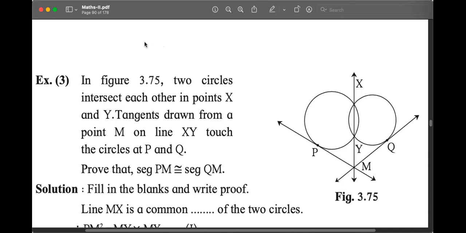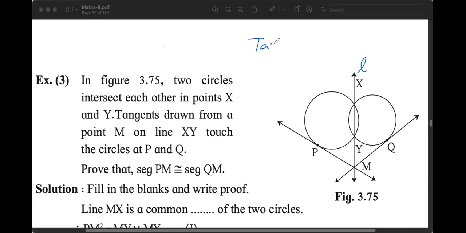The entire line, Chand. We're talking about the line, not the line segment. Suppose we call it L. What will L be? It's a secant, correct? Now, the moment we see that there is a secant, something else should come to our mind, and that something else is tangent secant segments.